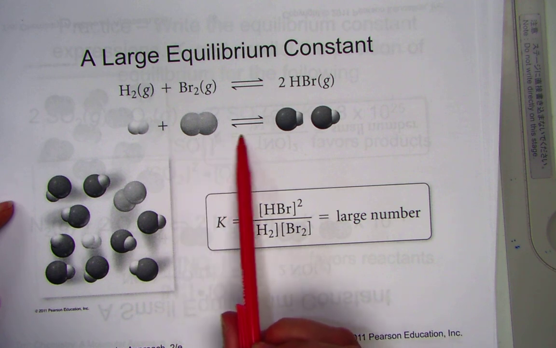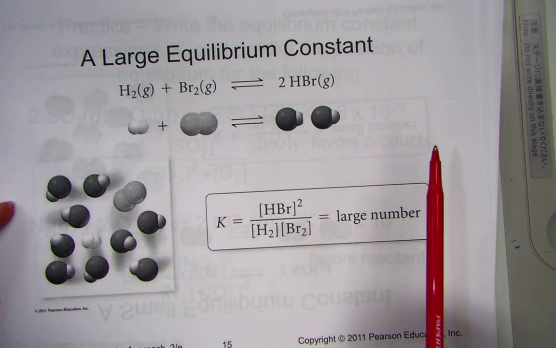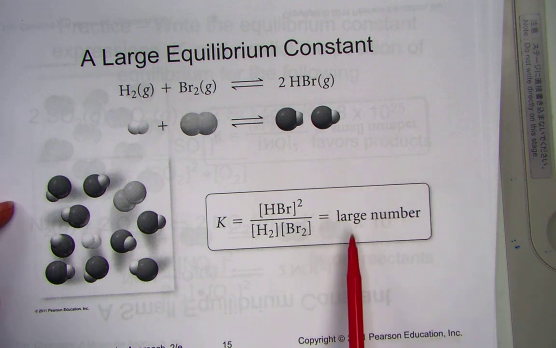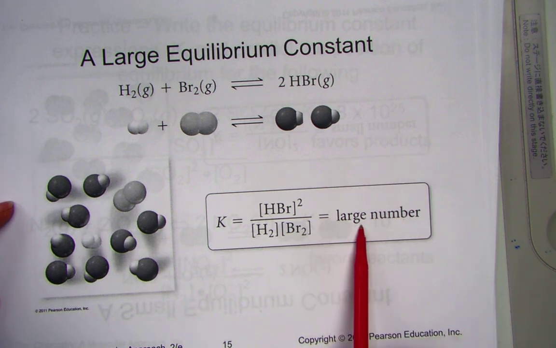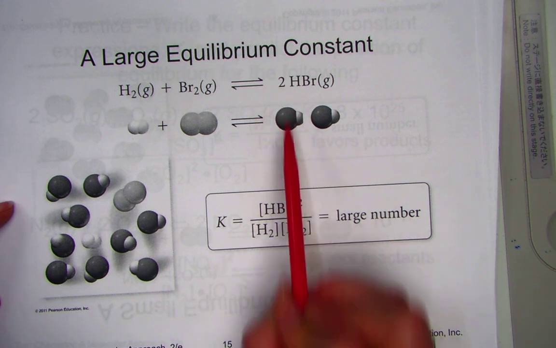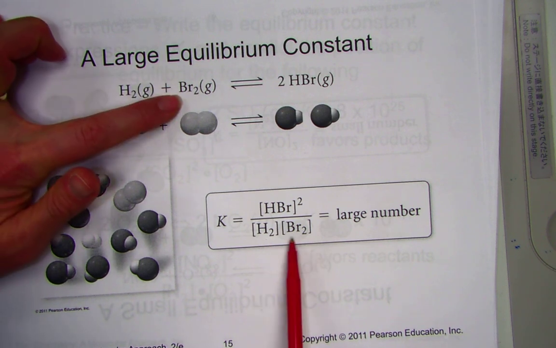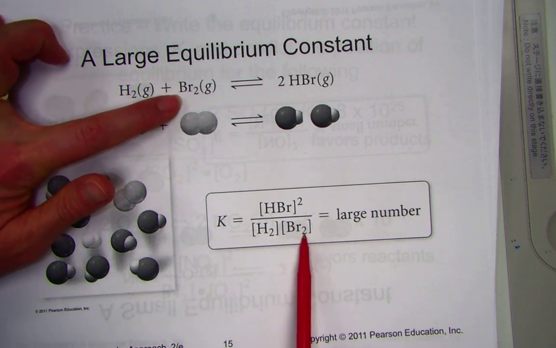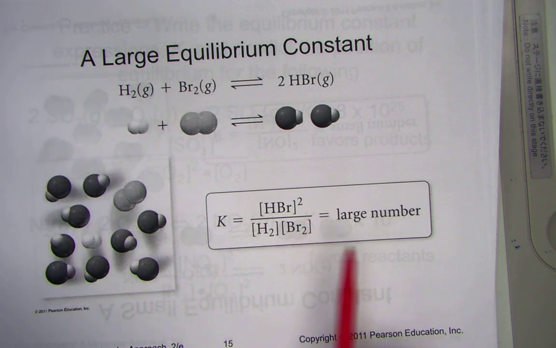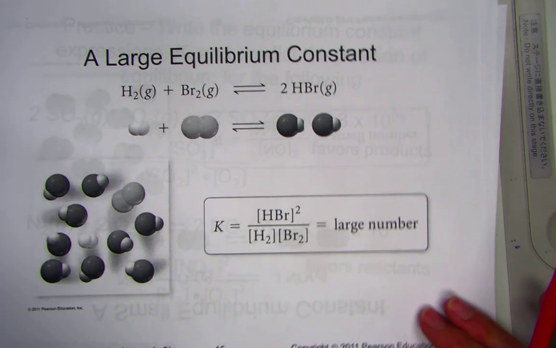As the reaction proceeded to equilibrium, it created a large number of molecules of product, HBr. This particular equilibrium constant would have the product, HBr, squared from its coefficient, set over H2, the reactant, in a bracket for concentration, and multiplied by bromine, Br2, each to the power of 1. Definitely going to be a number greater than 1 because I'm favoring the product side of equilibrium.